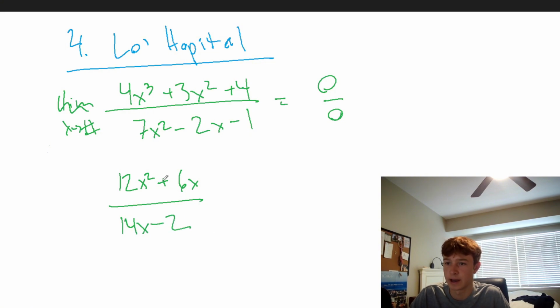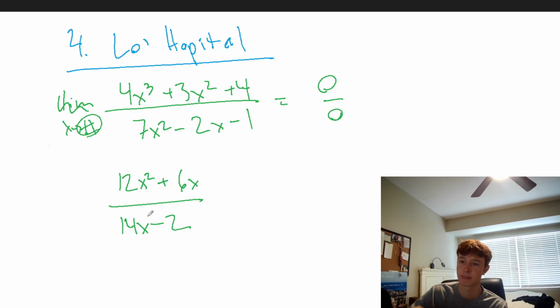So now that we've taken the derivative of the top and the bottom separately, we would go back and take this number and plug it back in, and then hopefully we would get a valid value for our limit. And let's say we don't. Let's say we plug in the number and we still get 0 over 0. Then we can just keep repeating the process.